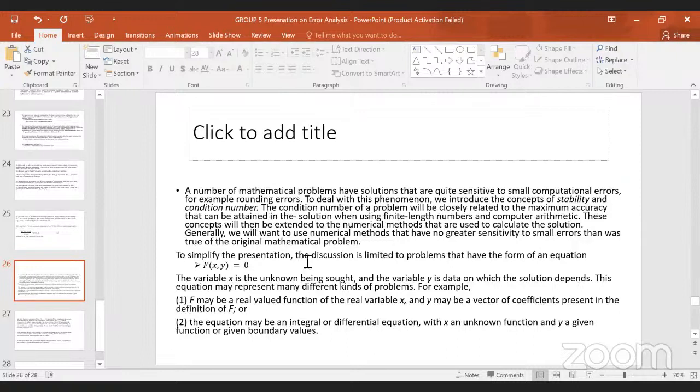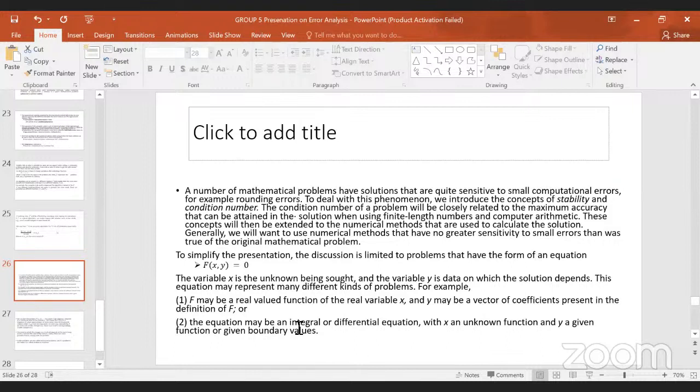Now, to simplify the presentation, the discussion is limited to problems that have the form of an equation, f of x comma y equals 0. Our variable x is the unknown, and the variable y is the data on which the solution depends. These equations may represent many different kinds of problems.